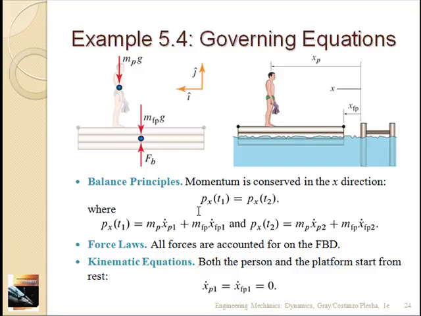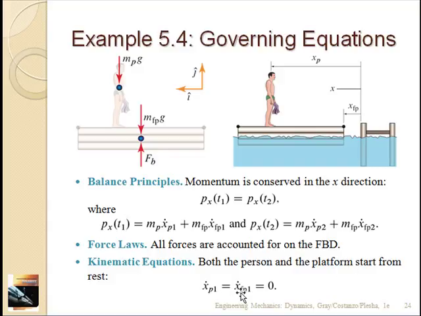All right, so in the x direction, the momentum initially is the same as the final momentum. Okay, so the momentum at T1 is the mass of the platform times the velocity of the platform plus the mass of the person times the velocity of the person. And the final momentum looks similar. You just use the final velocities instead of the initial velocities.